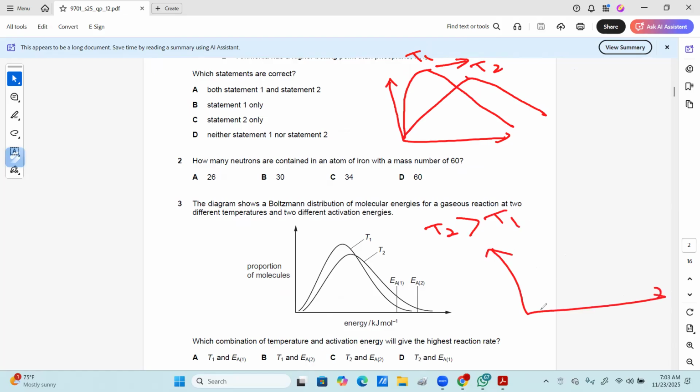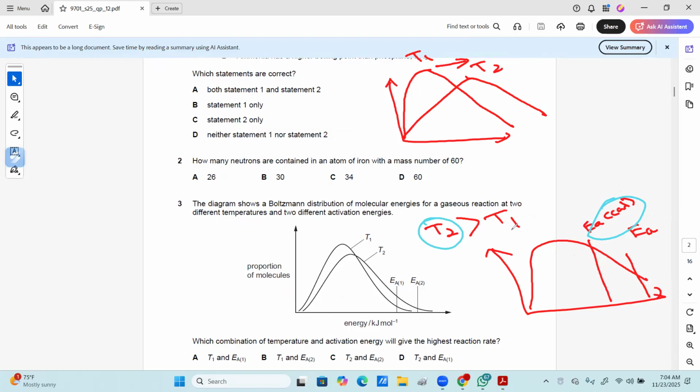The other distribution curve is with activation energies. The normal activation energy of a reaction is very high, but when you use a catalyst, the activation energy will shift to the left-hand side to show that more molecules are capable of forming products. Therefore, we can see higher temperature and using a catalyst favors more products.